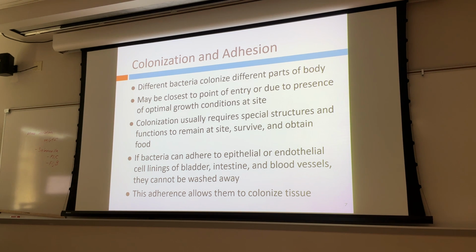Different bacteria colonize different parts of the body depending on what receptors they recognize. Sometimes this is closest to the portal of entry, wherever you take this microorganism in. Again, colonization is going to require a bunch of different bacterial virulence factors that allow the bacteria to remain at the site.